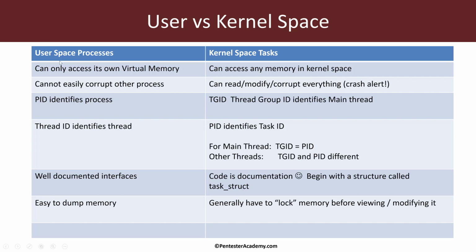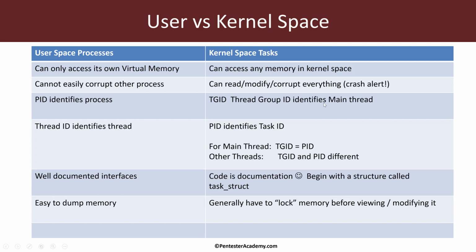Now, after that, in user space, we know that the process identifier identifies each process uniquely, right? So in a system, you have processes, each of which has a unique PID for its lifetime. Now in kernel space, the kernel tasks actually have two different IDs. One of them is called TGID, which is the thread group identifier, and I'll come to that in just a bit. And the other is the PID, which identifies the task ID.